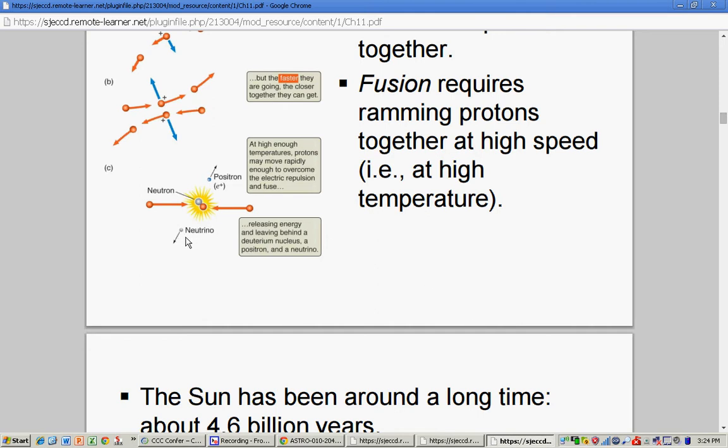Neutrinos are particles that, once they are created, interact very little with the surrounding gas, and they escape the core. Whereas radiation, the gamma rays, takes a long time, millions of years, to reach the outer atmosphere. So neutrinos escape right away. Radiation or light takes a much longer time to escape the sun.